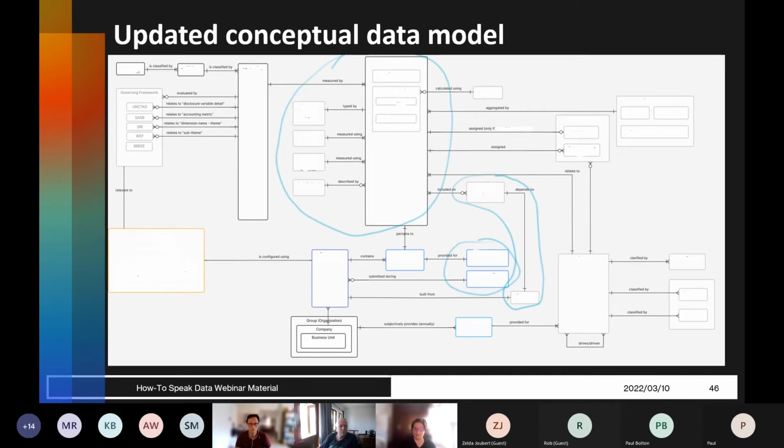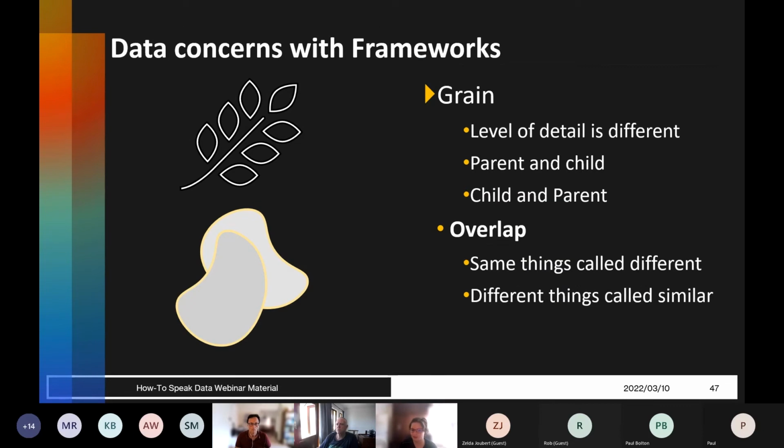Now, last week, I did discuss some data concerns with the different frameworks. There are some grain issues, so the level of detail is different, parent-child, child and parent. Where should we link them? There's also some overlap, so some things are called the same, but different things are called similar. It's very semantic, very much about the specific meaning that gets added to the information.